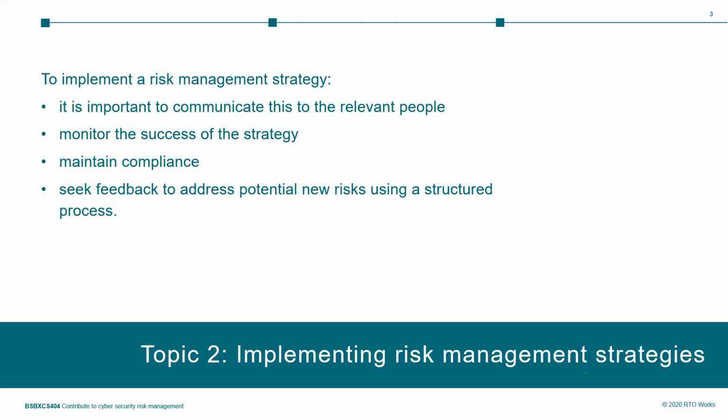We also need to maintain our documentation to comply with our strategies. This requires us to monitor the strategies and how successful they are in the process. So we need to get feedback from those involved and to stay on top of any new potential risks within the process.